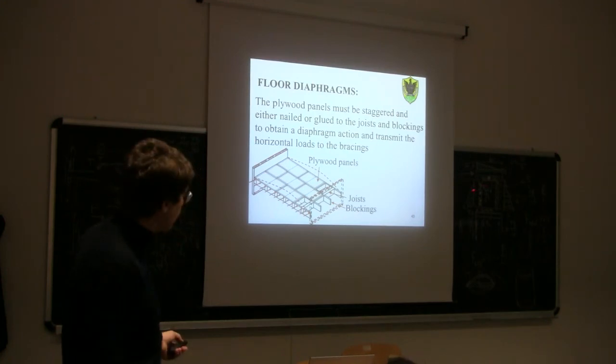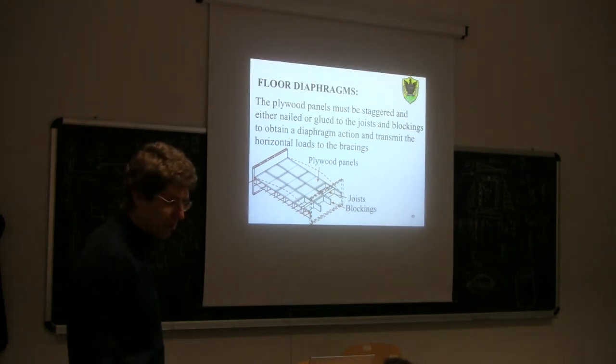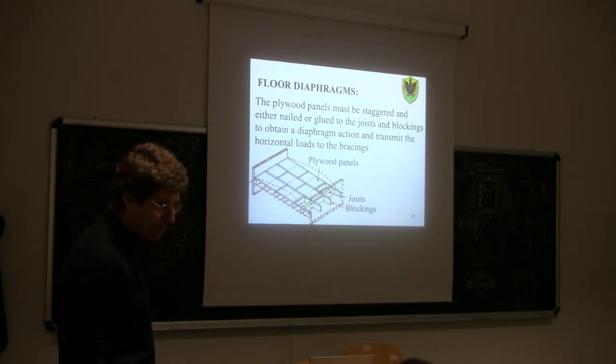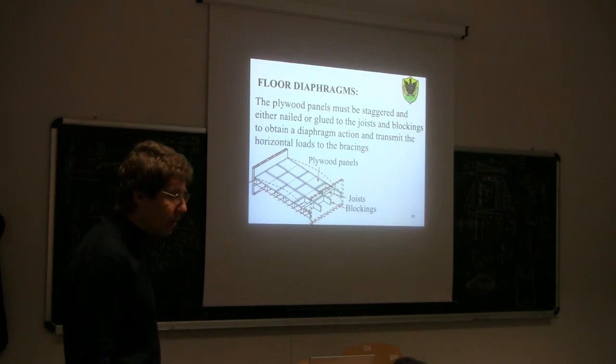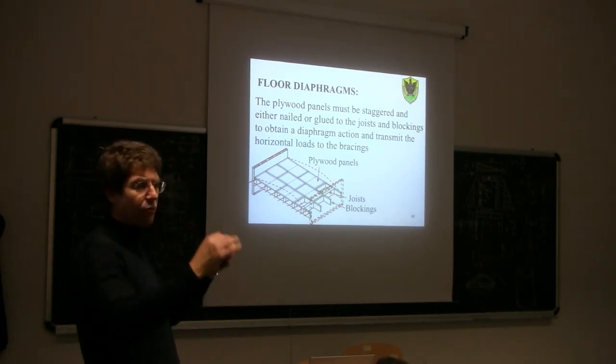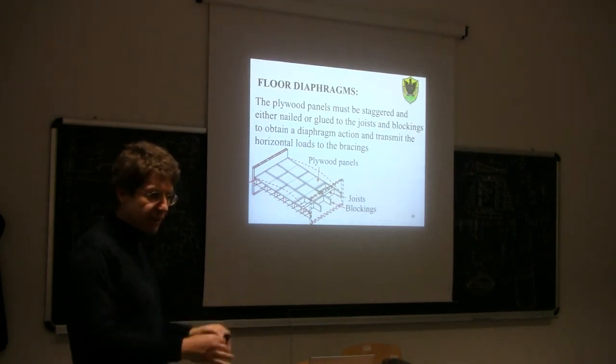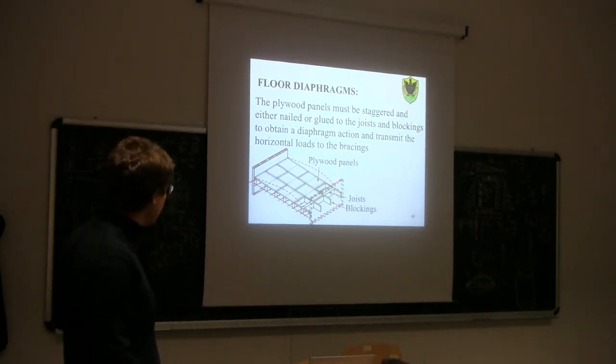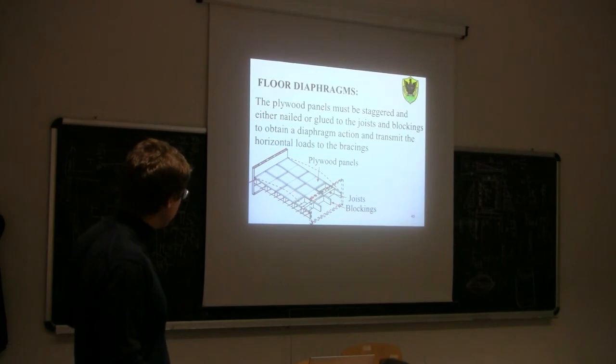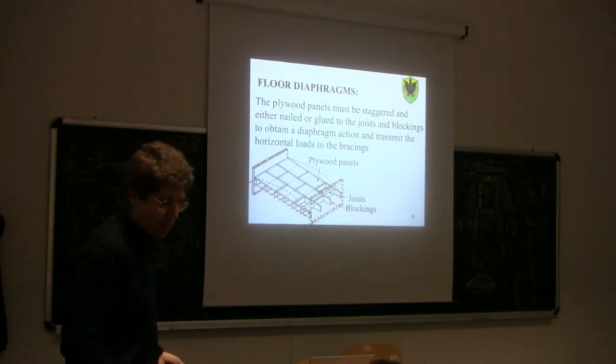Why do you want to take into account the withdrawal of the screw? No, now we're talking about in-plane. For the time being, I was just discussing out-of-plane, gravity. So gravity load is going to stress the joist, is going to stress the sheathing, in bending mostly, and shear.